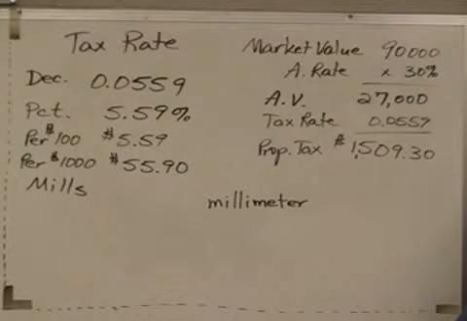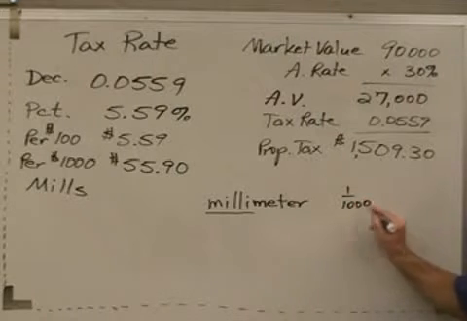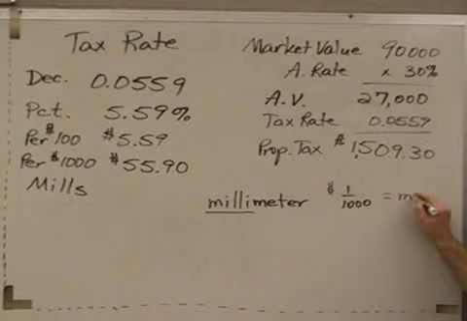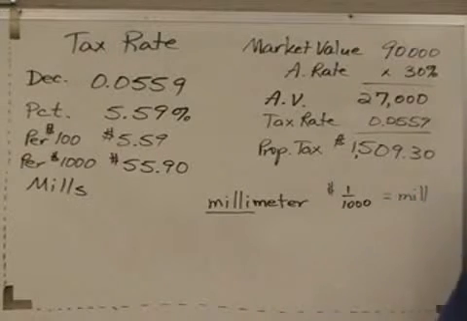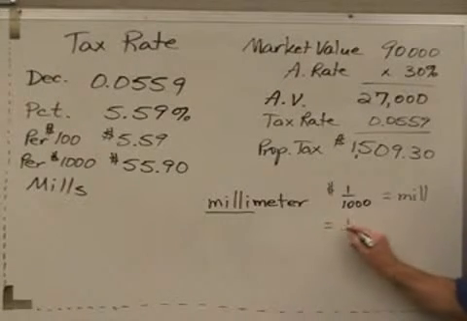How many milligrams are in a gram? It's 1,000. Okay, so milli means 1,000th. A mil is actually 1,000th of a dollar. What's a penny? It's 100th of a dollar. So this is 1/10 of a cent.